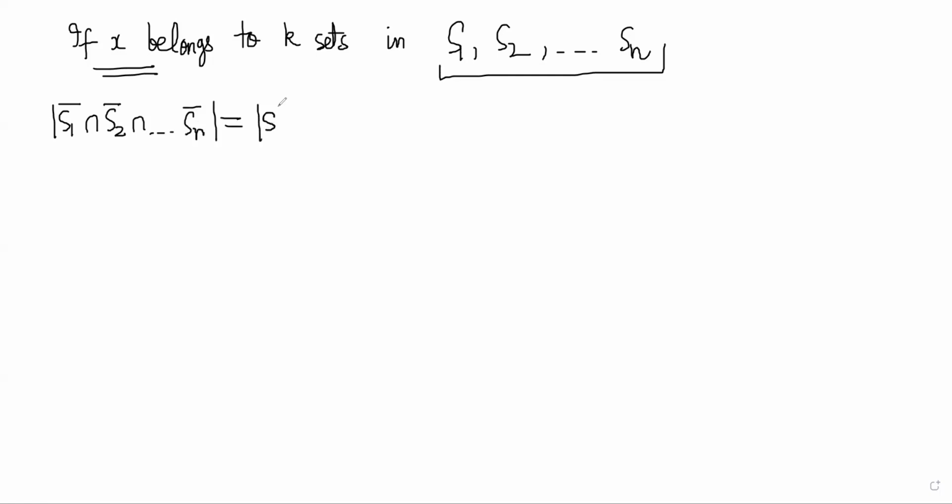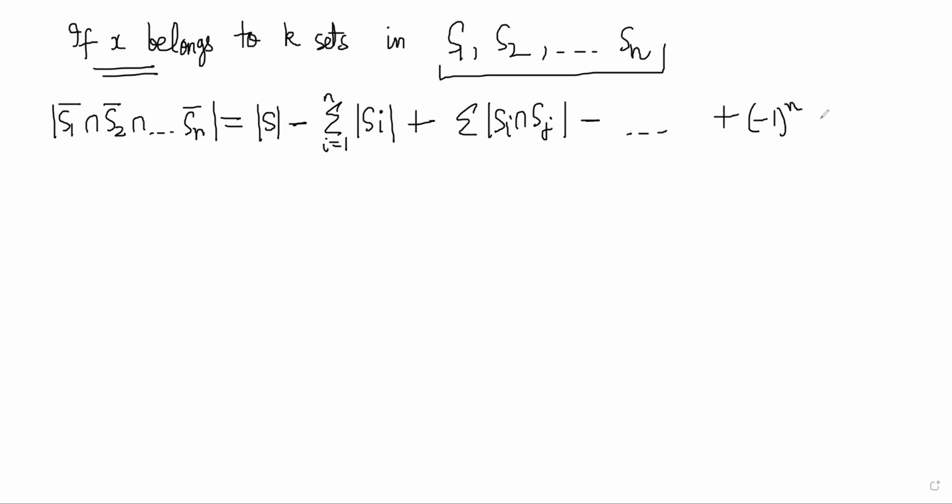I am saying this is mod S minus the summation of each of the Si one at a time, plus two at a time Si intersection Sj, and so on, till finally minus 1 power n, S1 intersection S2 till Sn. This is my formula for inclusion and exclusion.